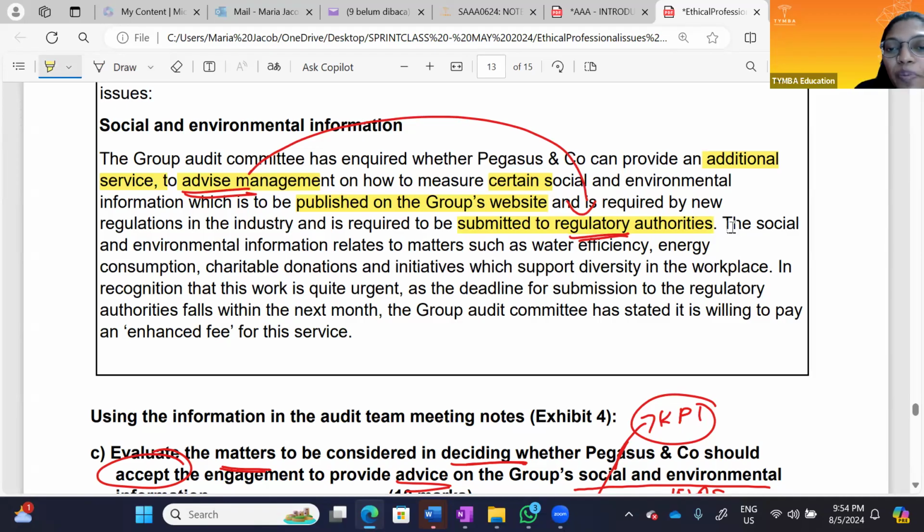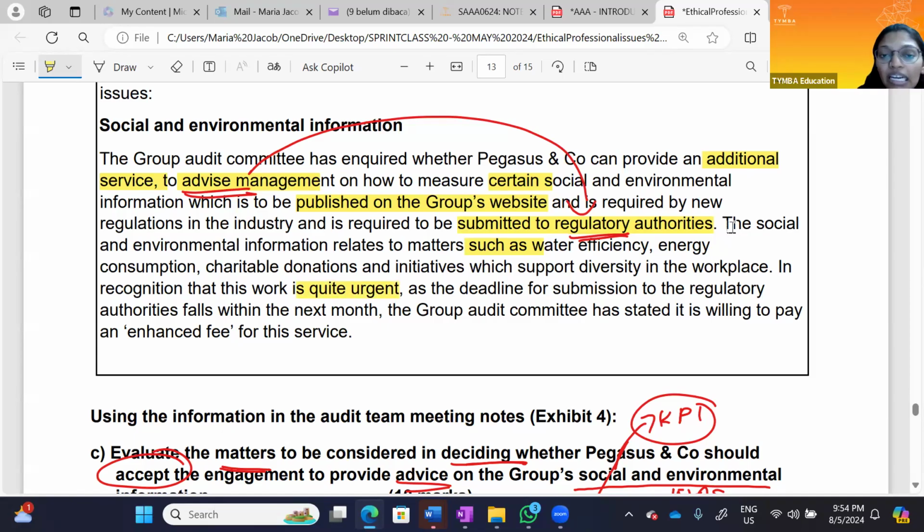"Such as" means examples only, not really a full set of items.